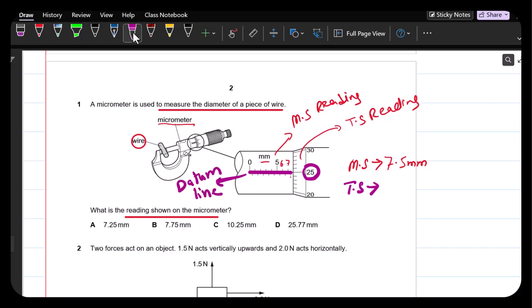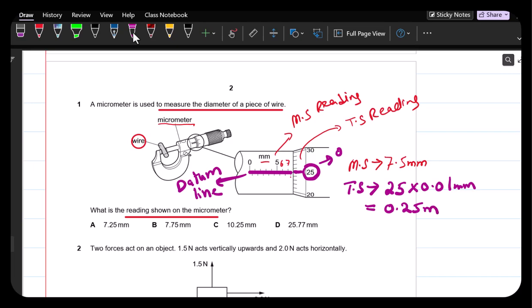And we have to see which division of the thimble scale is aligned with this. That is 25. So we have to multiply this 25 with the least count, that is 0.01 millimeter. When you multiply this, you will get 0.25 millimeter.